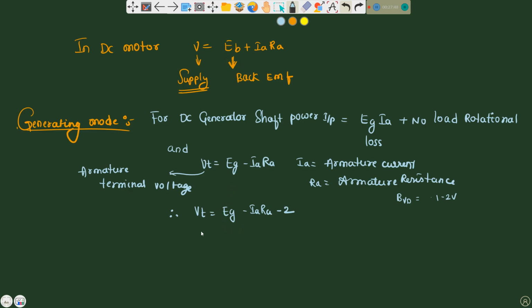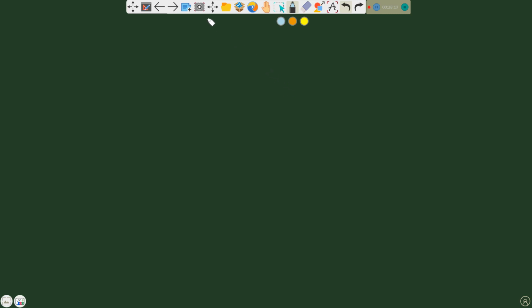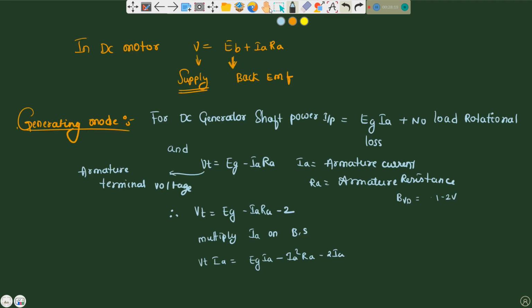Okay, so here multiply Ia on both sides, you will get Vt Ia equals Eg Ia minus Ia square Ra minus 2 times Ia, or electrical power output. Okay, let me write it here.